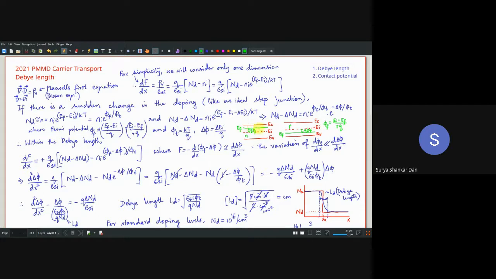You are going to have EF higher than EI, right? So it is going to be EI minus EF. But what is the charge? The charge over here is going to be, this is N-type material. So the majority carriers in N-type material are electrons, right?